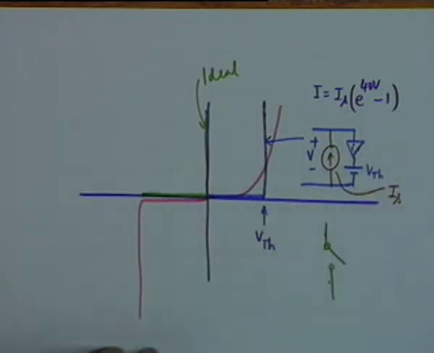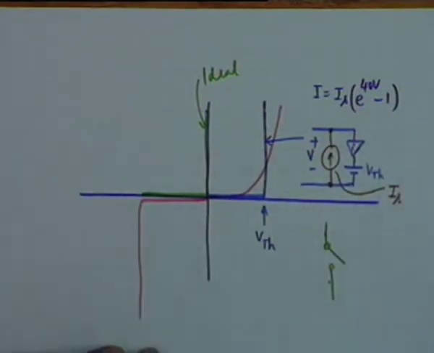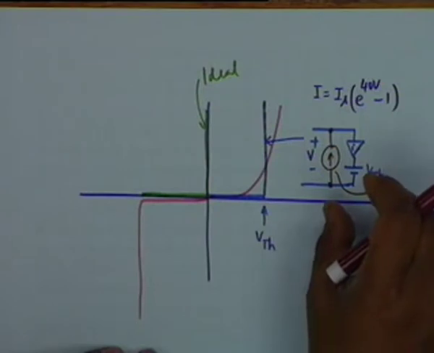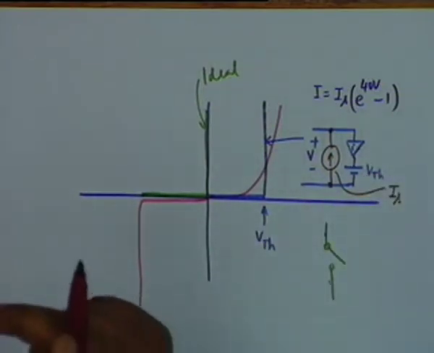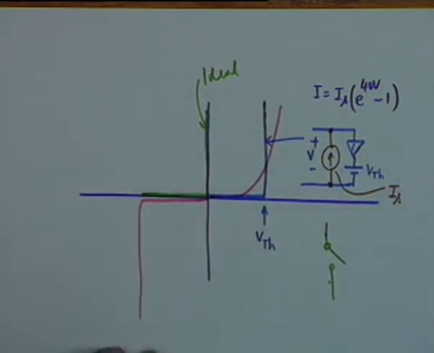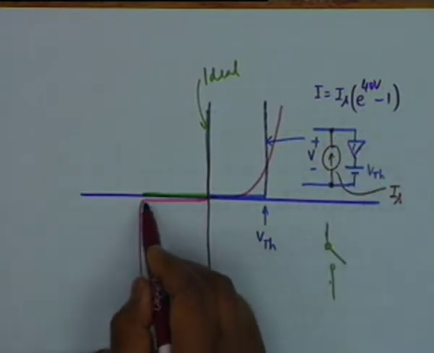This accounts for a practical diode. This is a good model for a practical diode when the diode is still thought of as a switch in the forward direction. In the forward direction it is a switch, in the reverse direction the current is almost a constant.